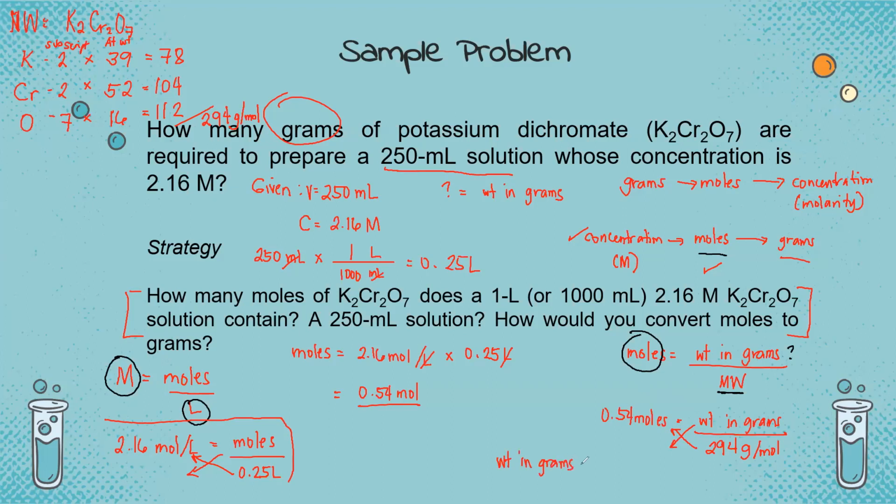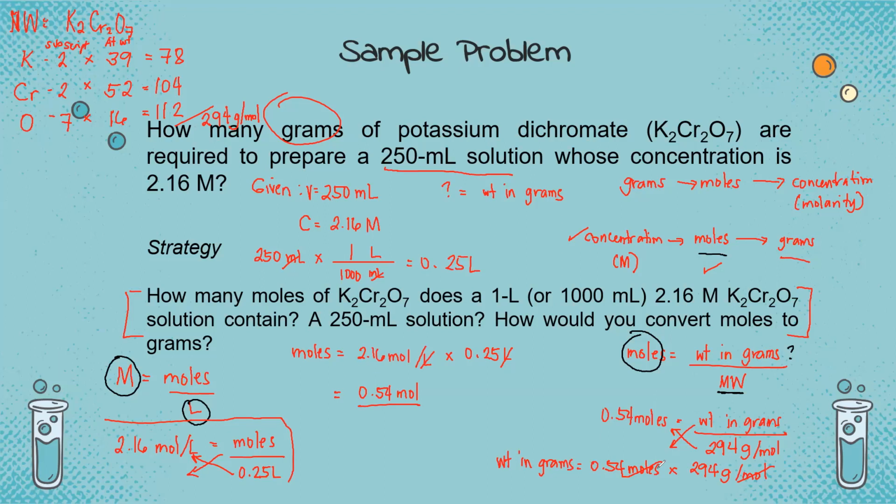And on the other side, let's multiply 0.54 moles times 294 grams per mole. As you can see, we can cancel this since mole is at the bottom in 294 and this one is at the top. What remains is the unit, of course, grams.